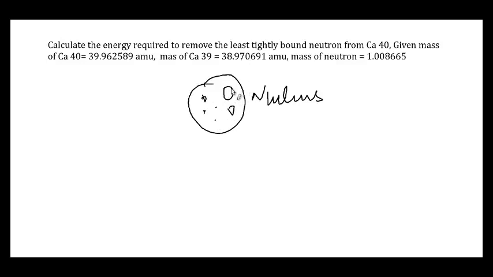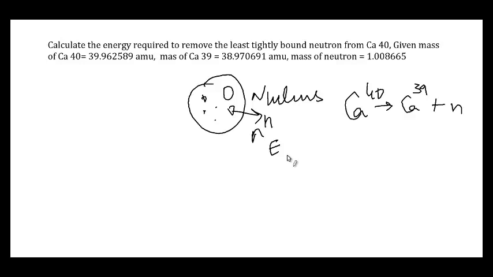You want to kick off one of the neutrons that is least tightly bound inside the calcium 40 nucleus. If you kick that out, you get a calcium 39 nucleus plus a neutron. You need to supply some energy for this process, and you are asked to determine this energy.